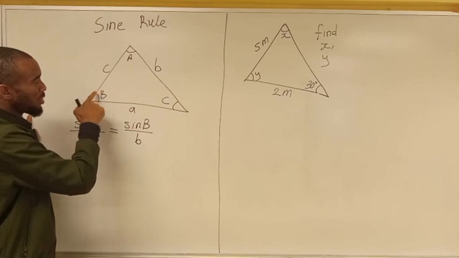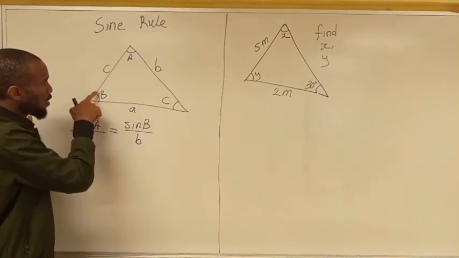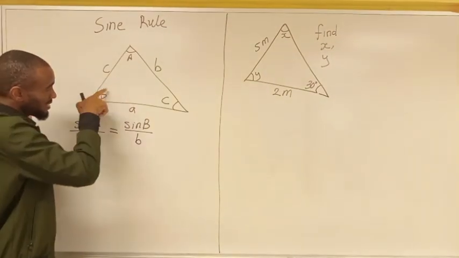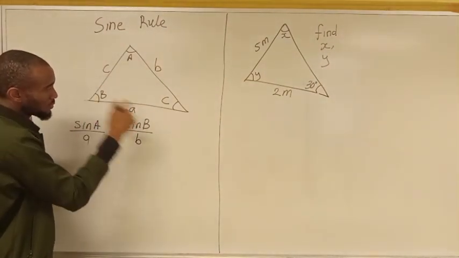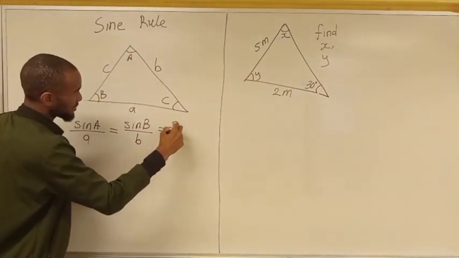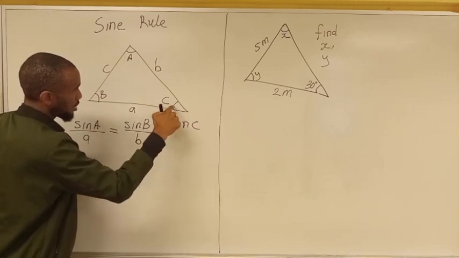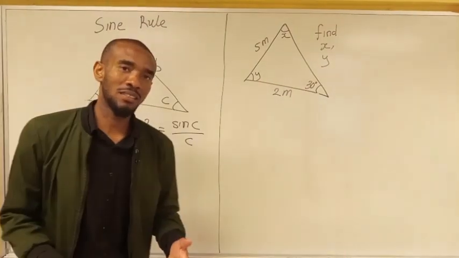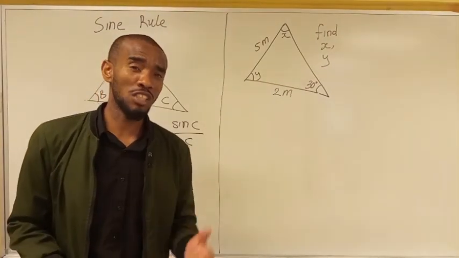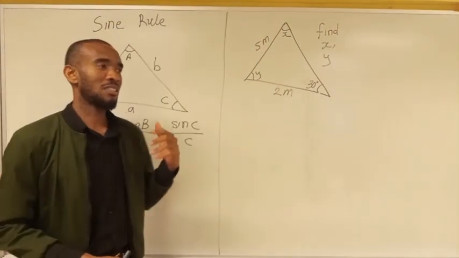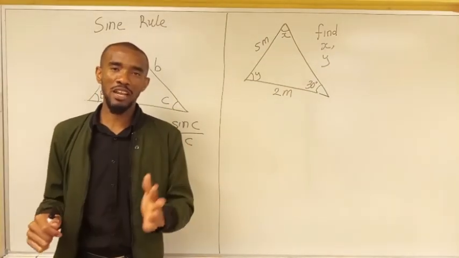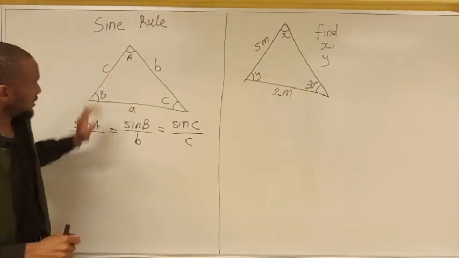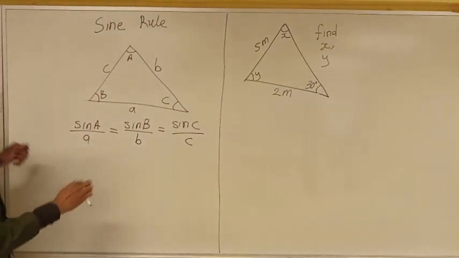Remember, it's very important that for an angle, the sine of an angle is all over the side that is facing that angle. Then I also have sine of C all over c. So in essence, the sine rule establishes a relationship that the angles of a given triangle have with their respective sides. This is what the sine rule is all about.